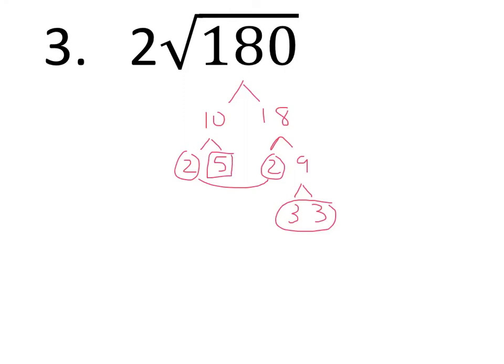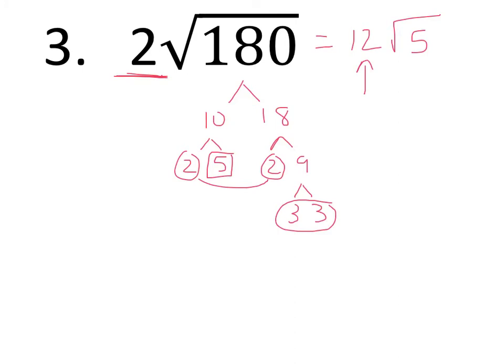Okay? All right, so now, since I already had this 2 on the outside here, I have to take that into consideration. So I'm going to multiply the 2 here, the pair of 2's here, and the pair of 3's here. Okay, so on the outside, I'm going to have 2 times 2 is 4, times 3 is 12. On the inside, I have a 5.